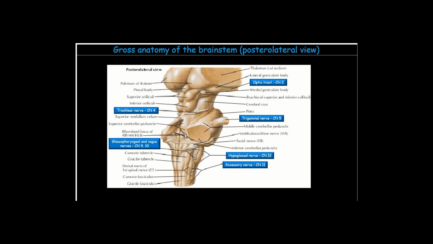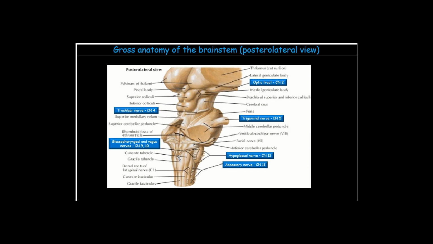Then the medial eminence is limited over here by a sulcus called the sulcus limitans, and lateral to it we can see a triangular region here. This is known as the vestibular area, because we've got the vestibular nuclei situated underneath it. Then if you go down over here, this angulated ending of the fourth ventricle is known as the obex.